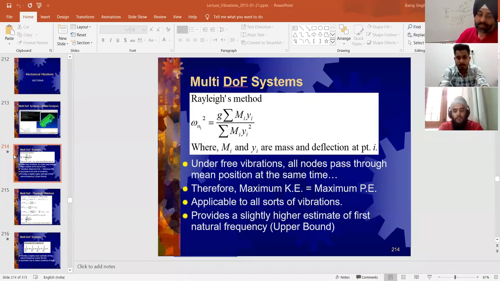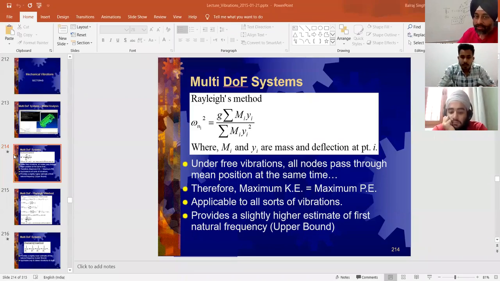We have already discussed this particular aspect in the class because whenever any system is undergoing free vibrations, all nodes, all points in the system, they pass through the mean position at the same time, and likewise they reach the extreme position simultaneously. So that means at one instance of time, the entire mechanical energy will be in the form of kinetic energy.